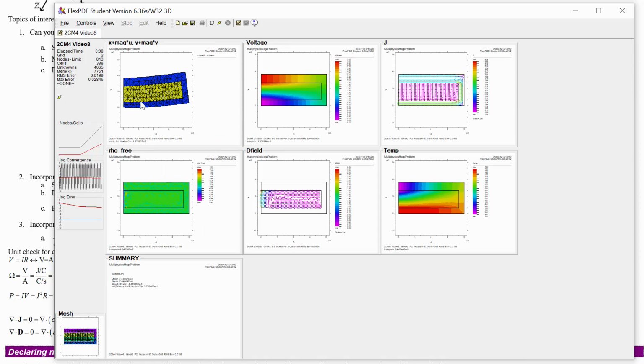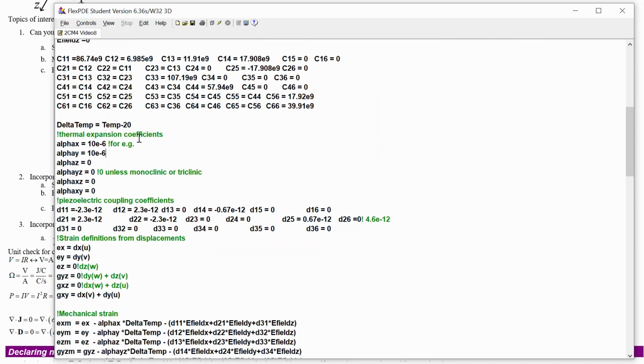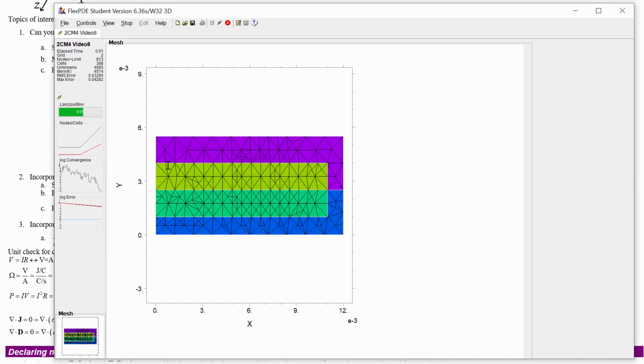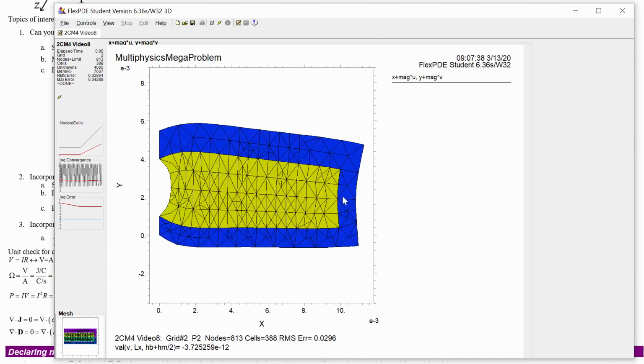Aha! So the beam now has a way larger displacement. You might remember before we put in this thermal expansion that the displacement, I think, was on the order of, was it 10 to the negative 10? Let's turn off the thermal expansion by saying delta temp is just equal to 0. Yeah, even lower.